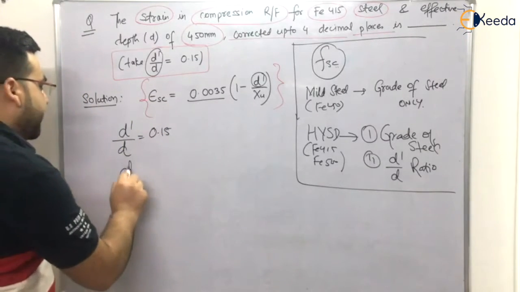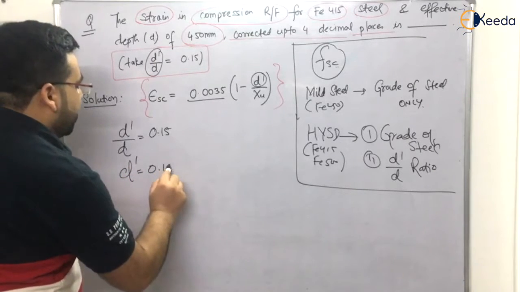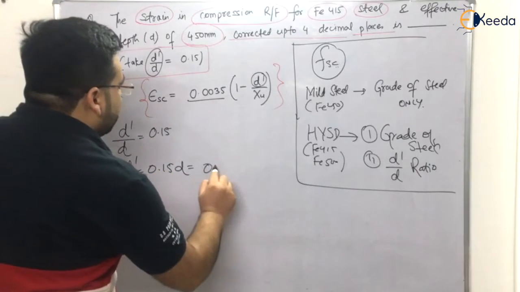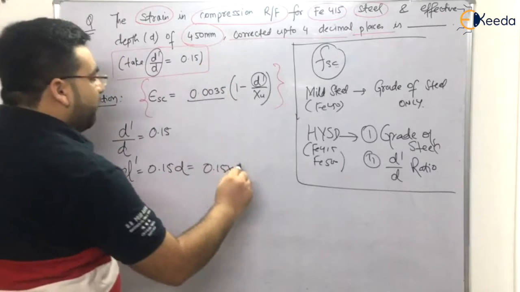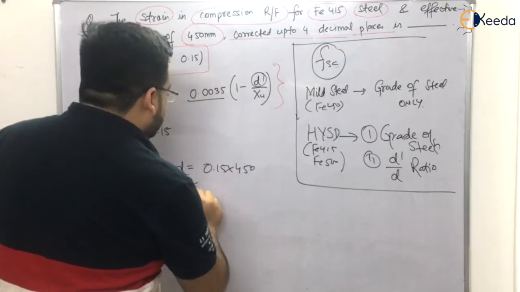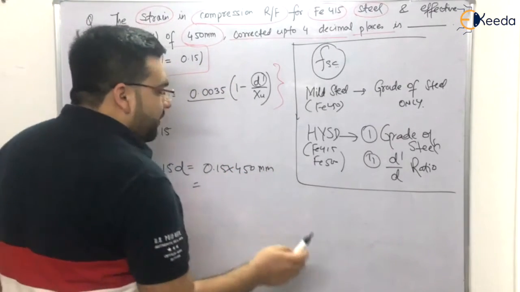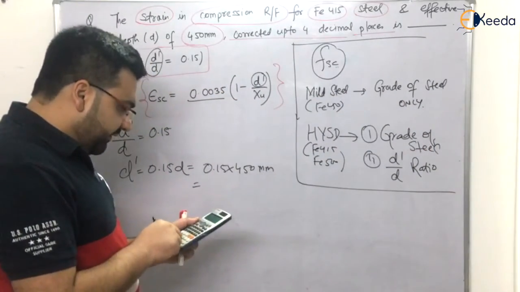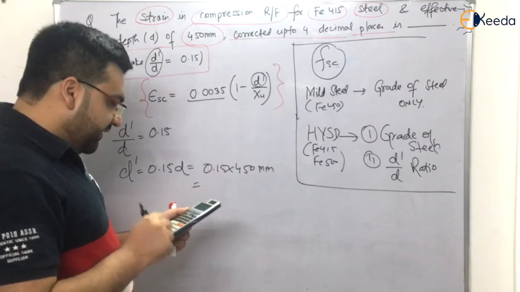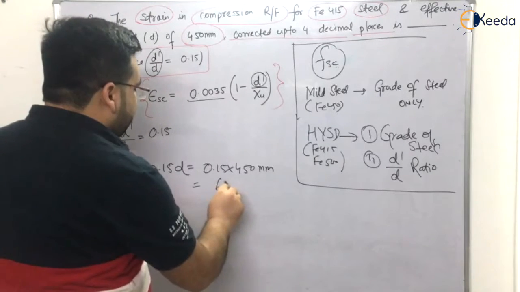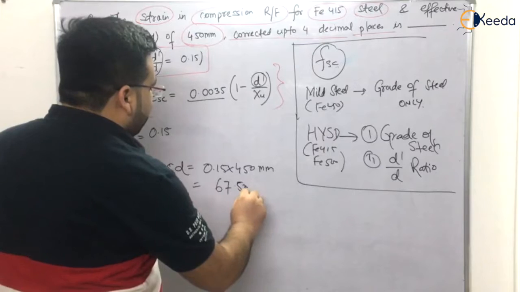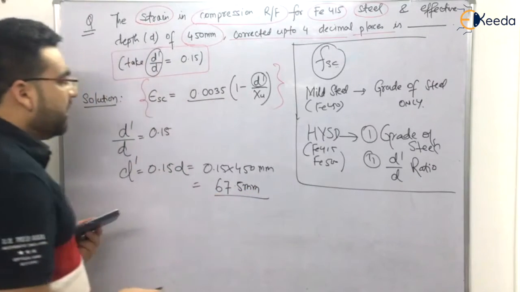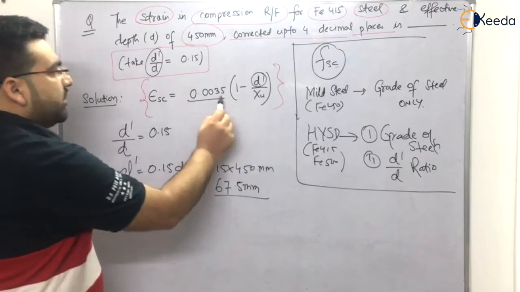Now d dash will be equal to 0.15 d, which is 0.15 into 450 mm, so 450 into 0.15 equals 67.5 mm. Clear? Now I know d dash.